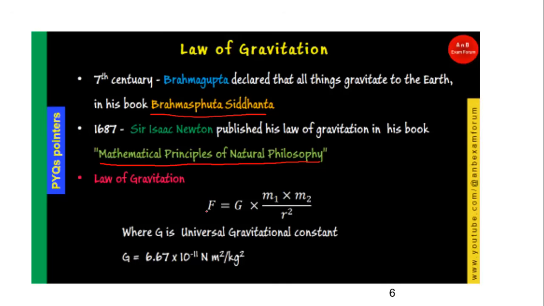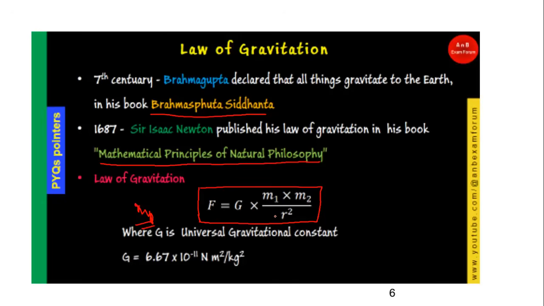The universal law of gravitation says that F is equal to G into m1 into m2 by r square. This is a very important formula for this chapter, and it is going to be used throughout, which is why this law is very important in all physics experiments. F is the force between masses m1 and m2, and the distance between them is r.